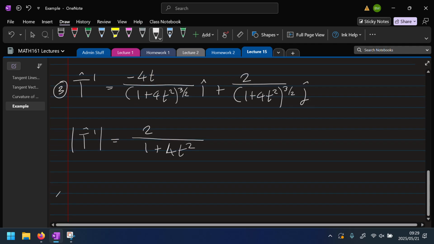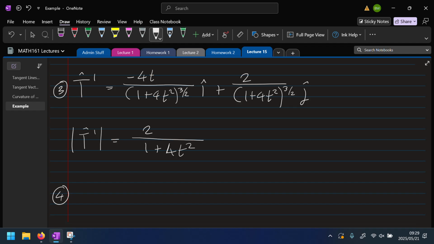Okay, and then finally step 4. So we just take this last thing we found and divide by the speed. Okay, so that will be T hat prime divided by the speed, which we did in step 1.